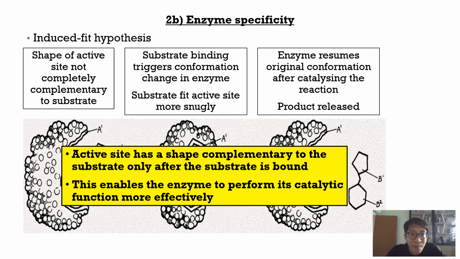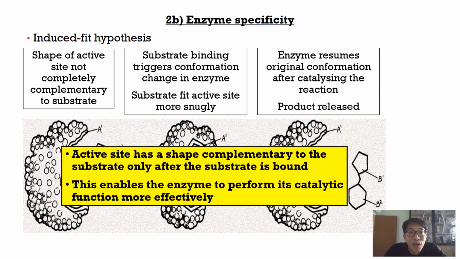The induced fit hypothesis is a modified version of the lock and key hypothesis, the modification being that the tight fit occurs after substrate binding and not in the beginning. Together they help to explain the mode of action of enzyme, why enzyme is specific to its substrate, and how enzymes carry out its function.